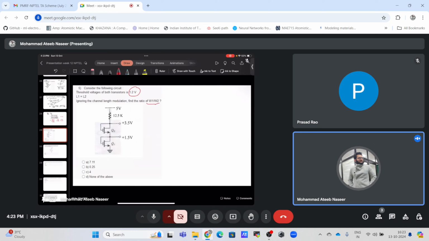Okay, so this is diode connected, this is also diode connected, so it means that both the MOSFETs are in saturation and the current will be the same for both the MOSFETs.